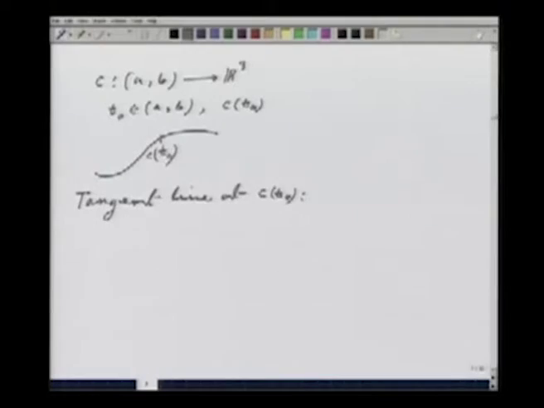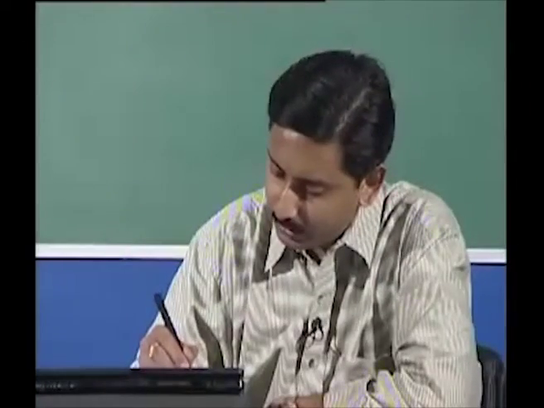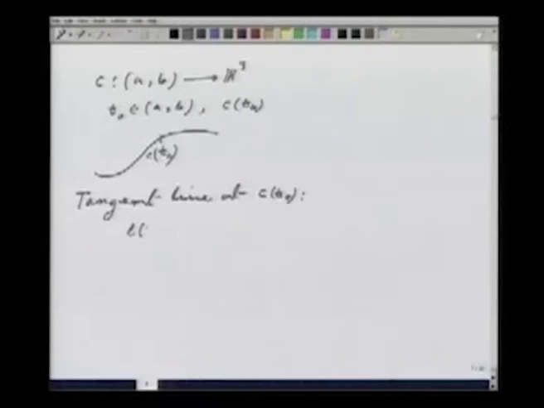So analogous to the one-dimensional case, I can tell you the parametric equation of the line in space. It is given by, if I call it L of t, the line which passes through c of t naught, that is the point on the curve, with the direction of the vector c prime t naught.